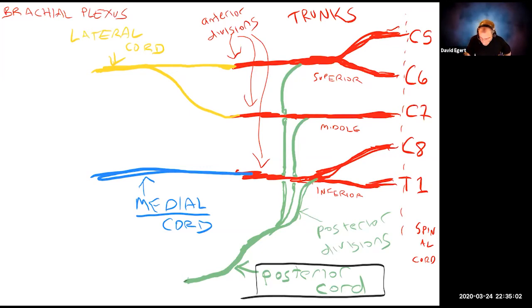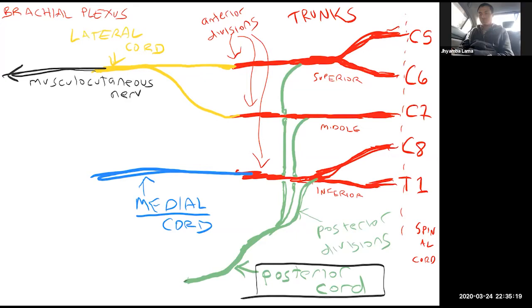So the lateral cord keeps on going. And this is going to become what's called the musculocutaneous nerve. The musculocutaneous nerve is the one that is going to do all of the flexors of your upper arm.